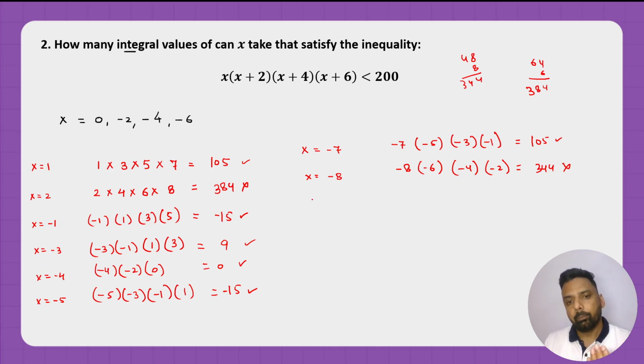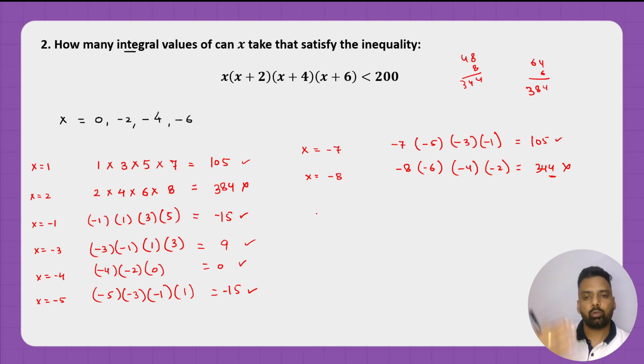Now see, beyond minus 8, what happens? All the values will be negative. This will be negative, this will be negative, all values will be negative. So I have 4 negatives. Obviously their magnitude will be more than 200, because if x is equal to minus 8, I am getting 344.